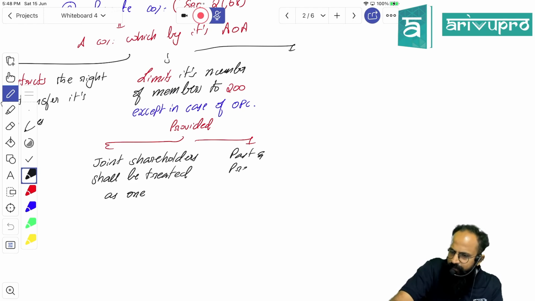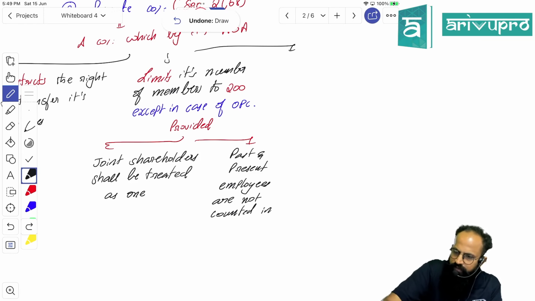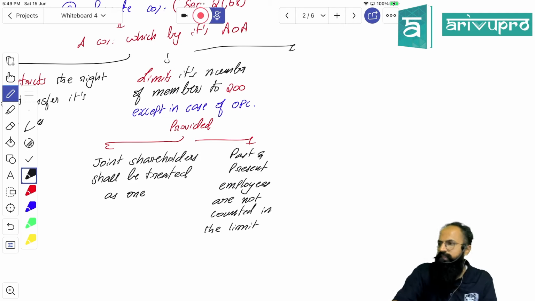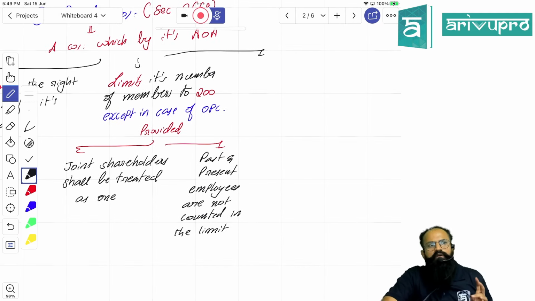Past and present employees are not counted in the limit.